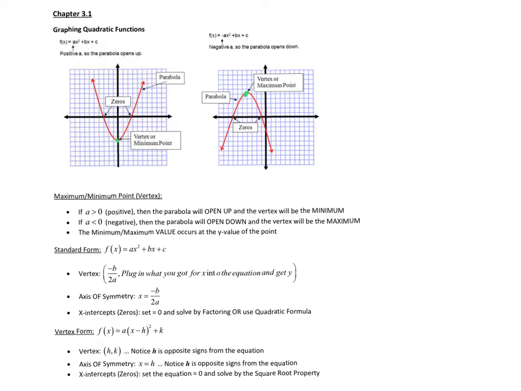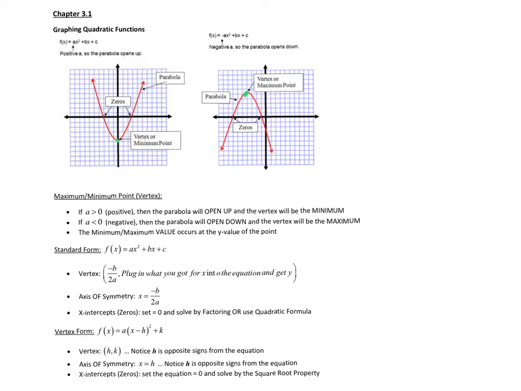So notice that this vertex is caused by when we change from an increase to a decrease or a decrease to an increase. We talked about that change in motion making us have a maximum or a minimum point.